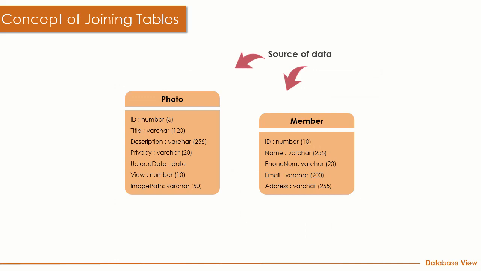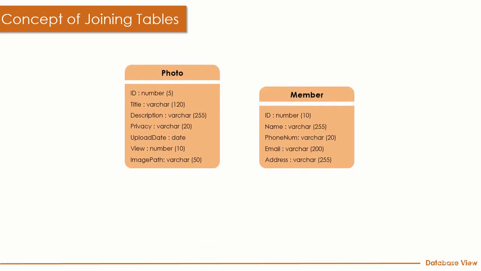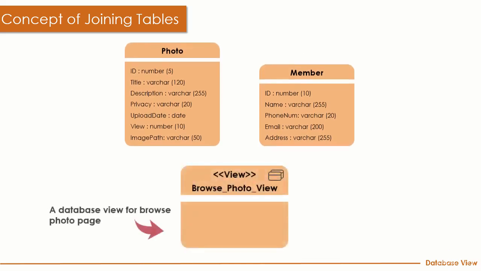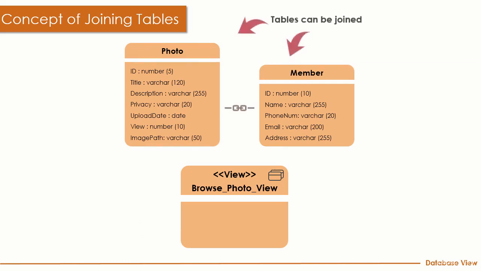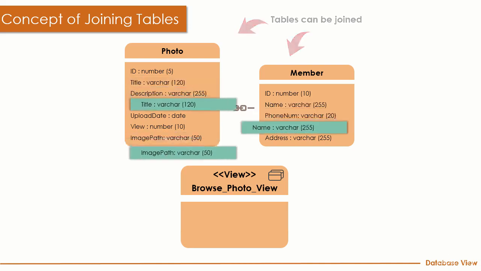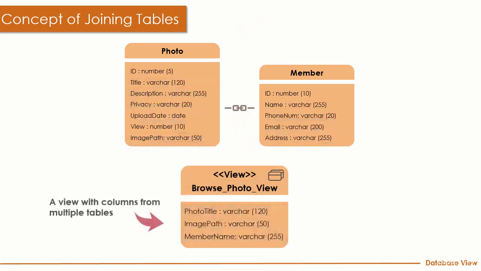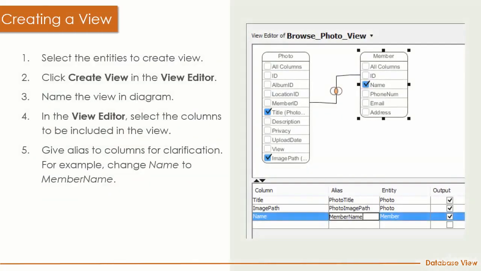One is the photo and the member, these 2 source data. And the database view we need is a browse photo view. Now we need the data from both the photo and the member: the title, image path, and the name of the member to show in my view. So let me just show you how to create this view in Visual Paradigm.